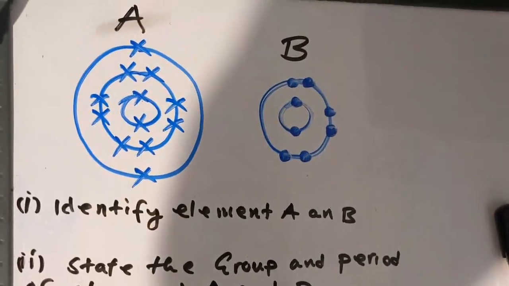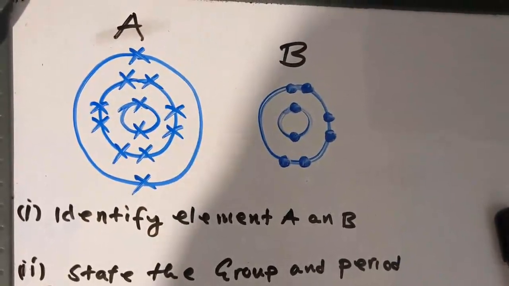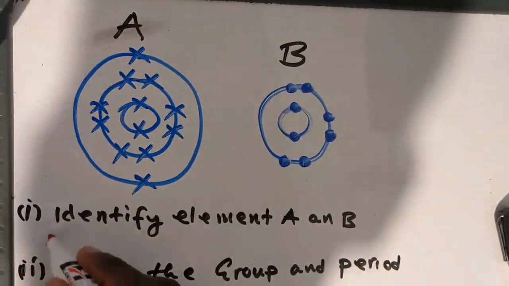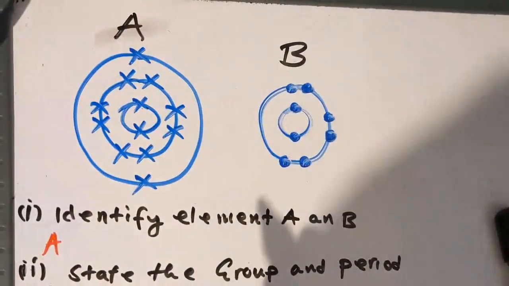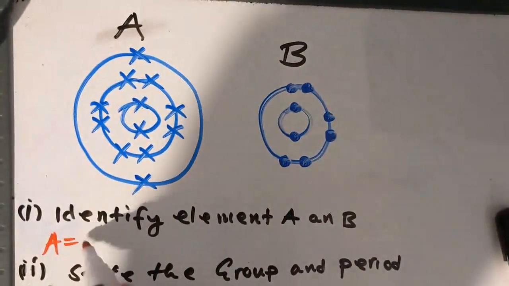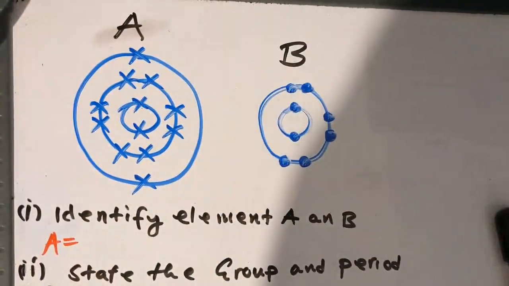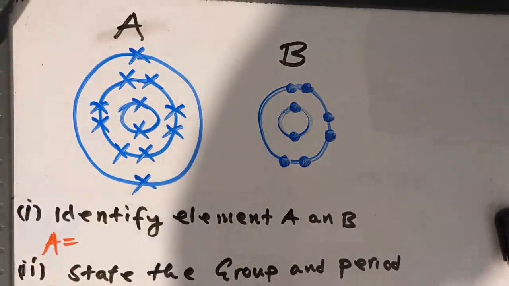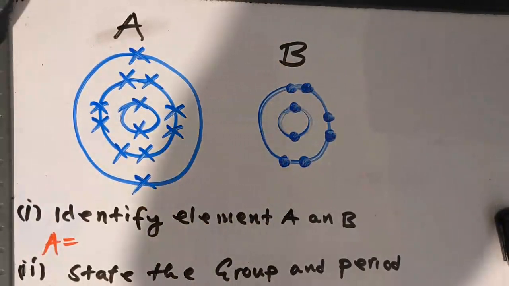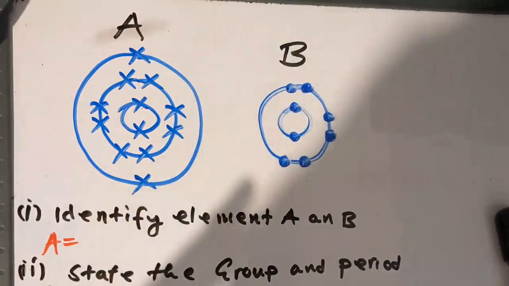All right, so we'll start with element A, okay? So now, how do you identify an element? It is very simple to identify an element. What you need to do is just to count the number of electrons that it has.